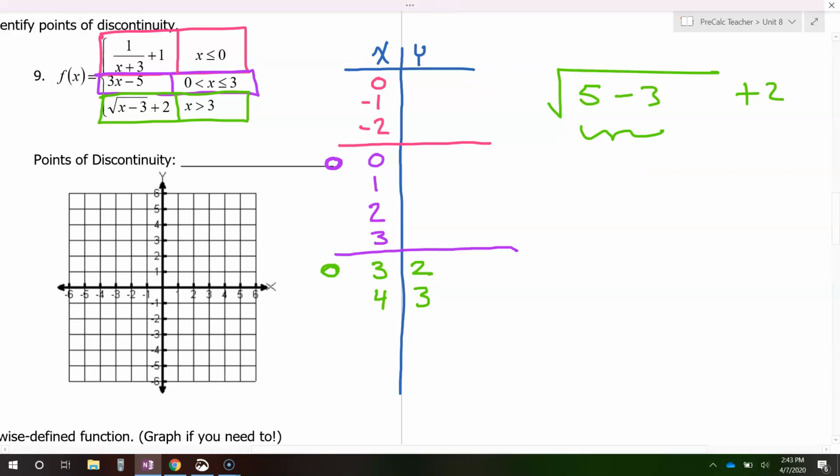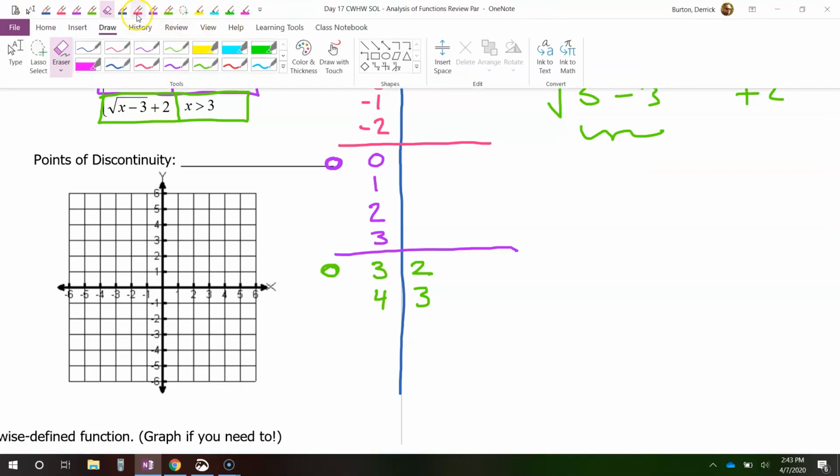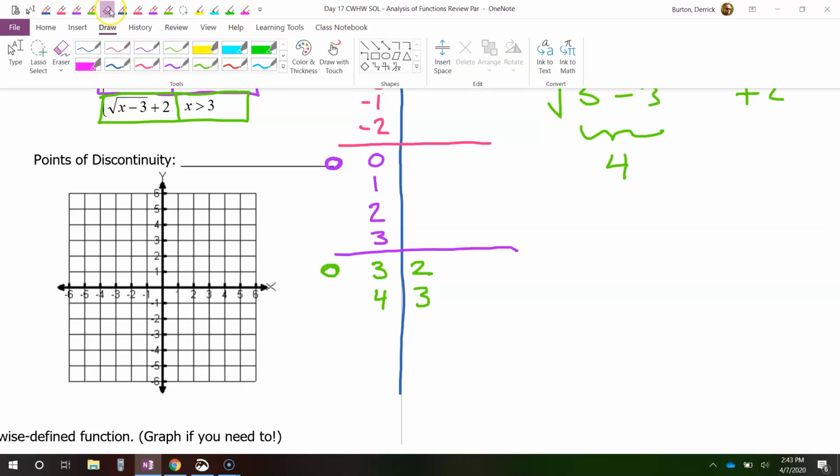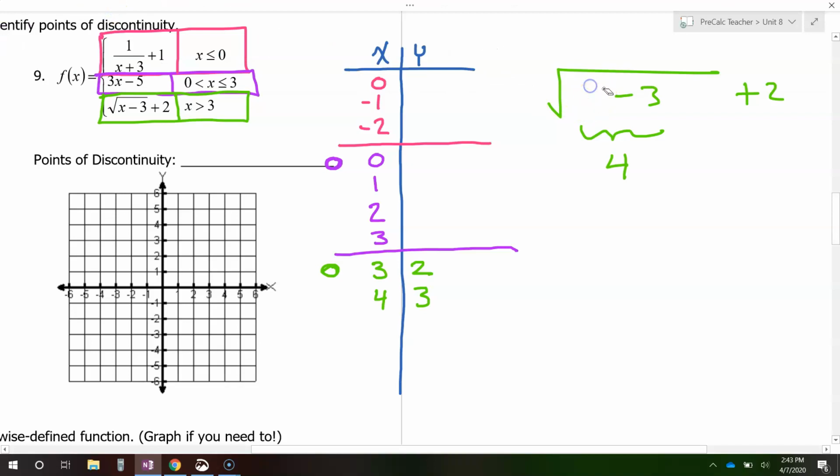An easy square root would be 4. If somehow I could make this turn out to be 4. Well, so what needs to go right here in order for me to get 4 so I can take the square root of it? Something minus 3. So that's going to be 7. So if I'm clever. Now, it would have been okay, I guess, if you just did 5 and you got a decimal, like whatever, it's fine.